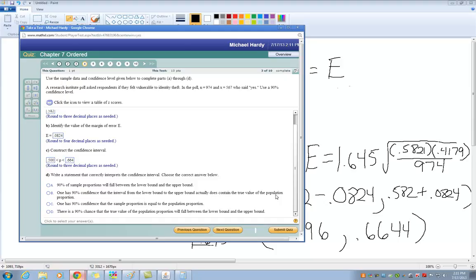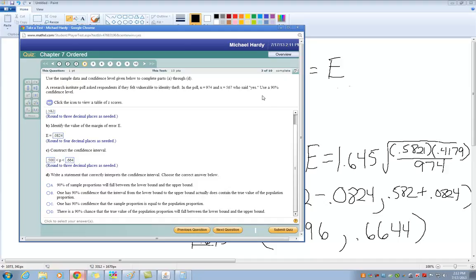When we're determining level of confidence, what that means is if we got to do this over and over again, including the step of taking the sample, our sample is going to vary, our sample proportion is going to vary, our margin of error is going to vary a little bit, and our confidence interval is going to vary a little bit. But the result will actually truly work. That is, it will truly contain P most of the time. And in this case, because we use 90% confidence, it'll contain P 90% of the time.